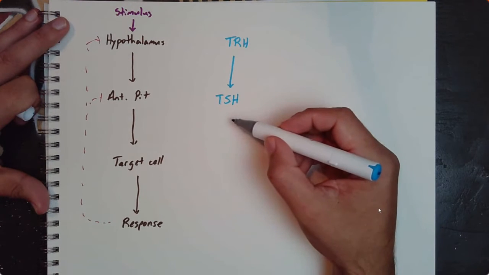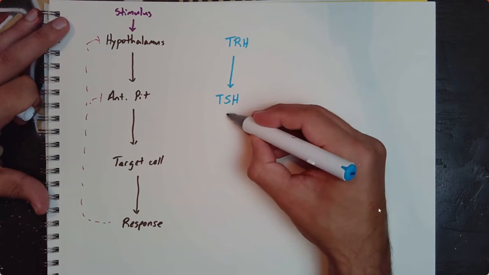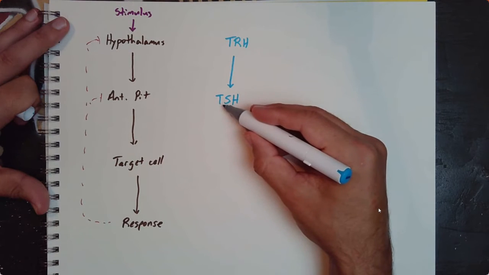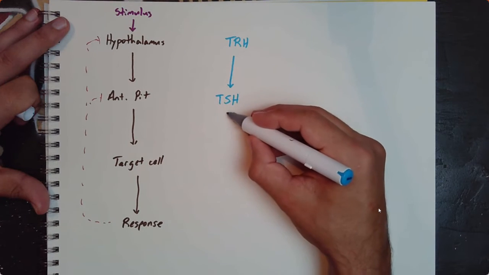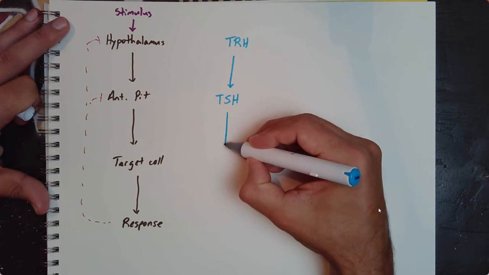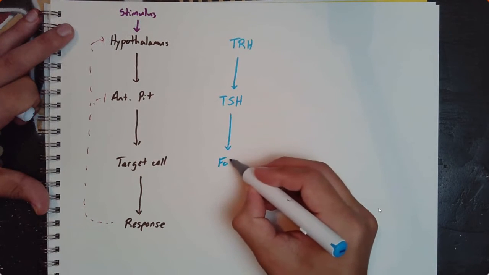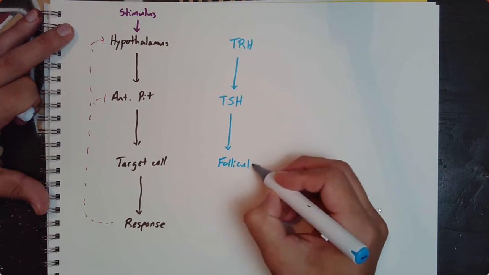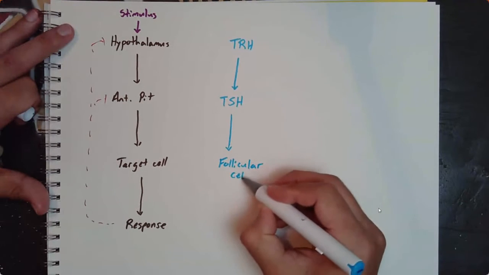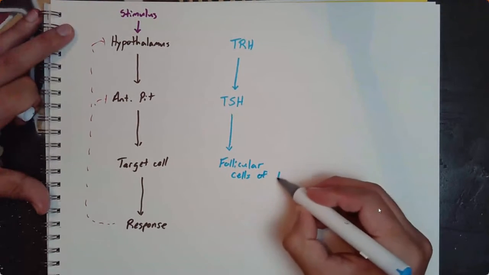TSH, this one's an important one. TSH is going to go down to these follicular cells of the thyroid gland.